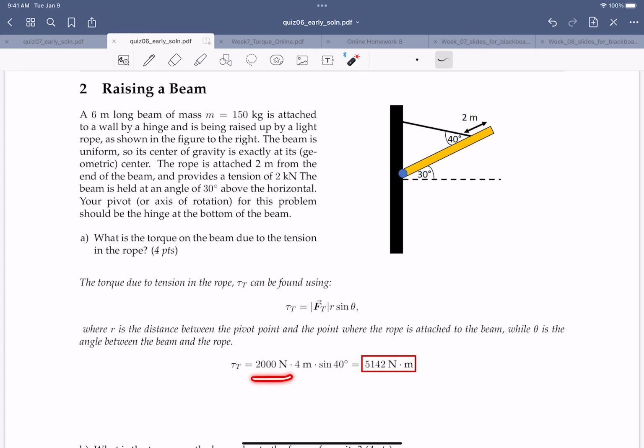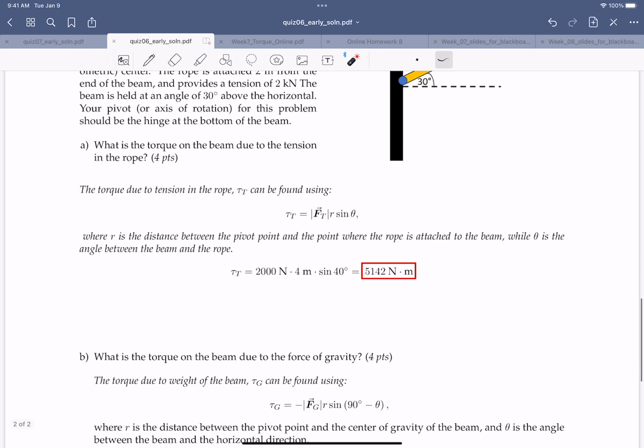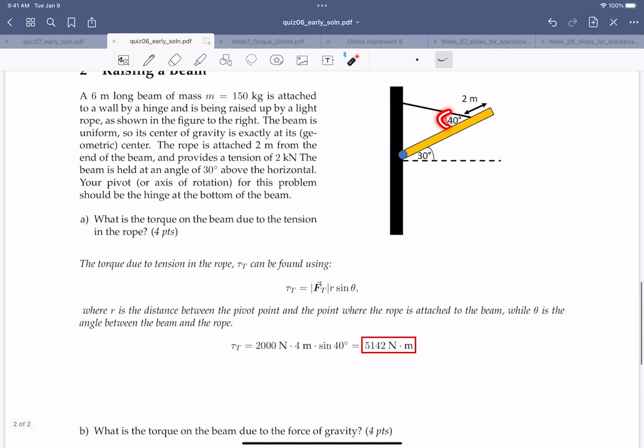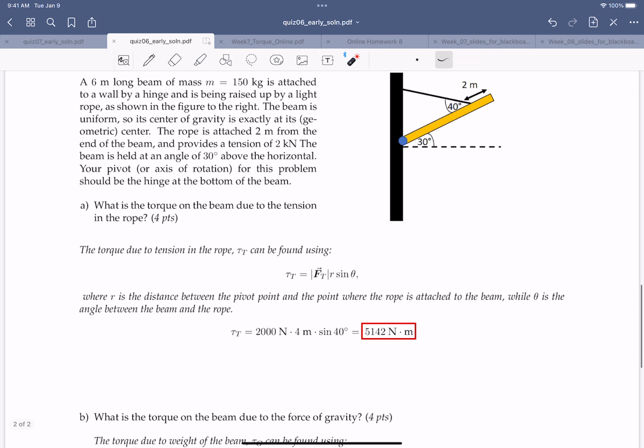So it should be 2,000 newtons times 4 meters away from the hinge, that's where the rope is located, times sine of 40, which is the angle sandwiched in between the radial line and the force, touching between those two. And that can give you your torque, right?